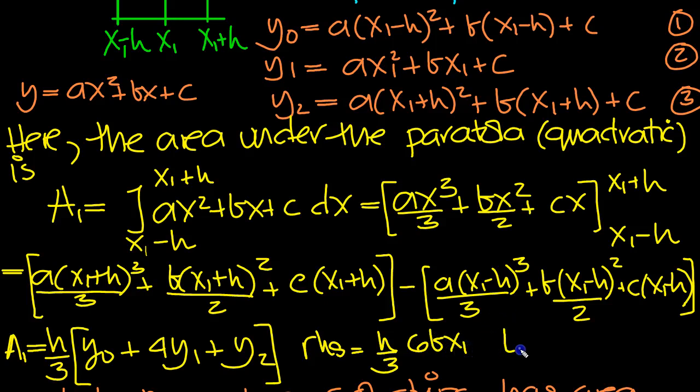6bx1s. Now what about the left hand side in terms of multiples of b? Let's have a look here. We've got this term here and this term here. They're minus one another, and they're a simple quadratic. We've got a b over 2 common, so let's just write a b over 2. Then we've got this quadratic, take away this quadratic. Now the x1 squared, take away x1 squared will cancel.